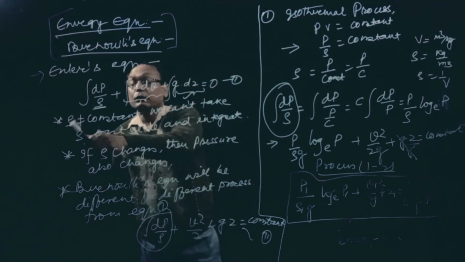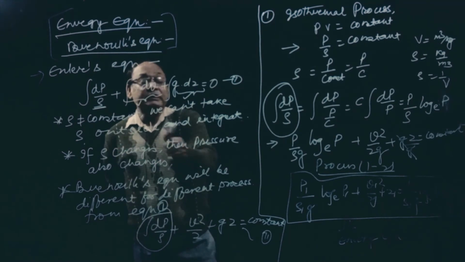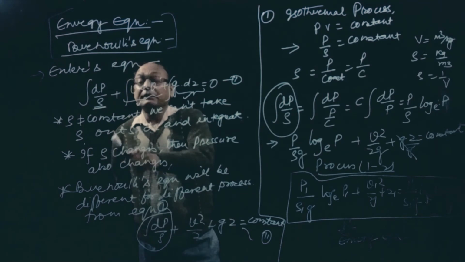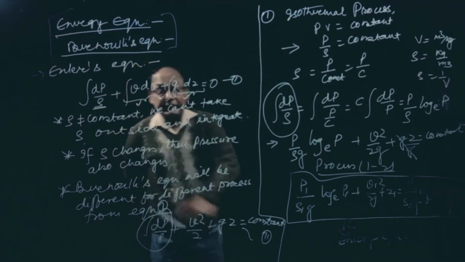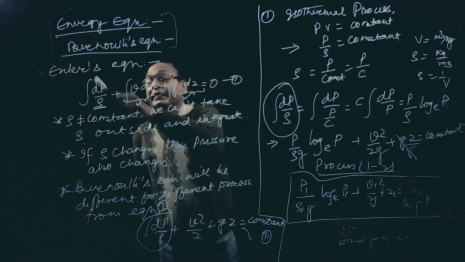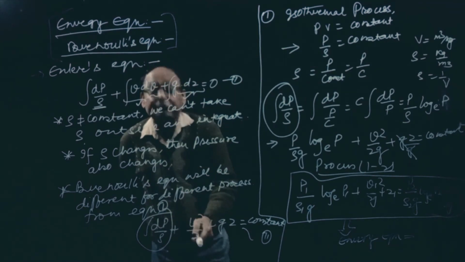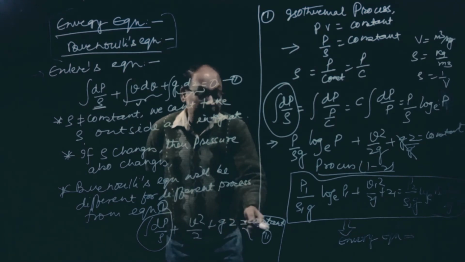Here rho is not constant because it varies from point to point, so we cannot take rho outside and integrate. Rho changes, then pressure also changes, so the Bernoulli equation will be different for different processes. Finally, the integral of dP by rho plus V square by 2 plus Gz is equal to constant.